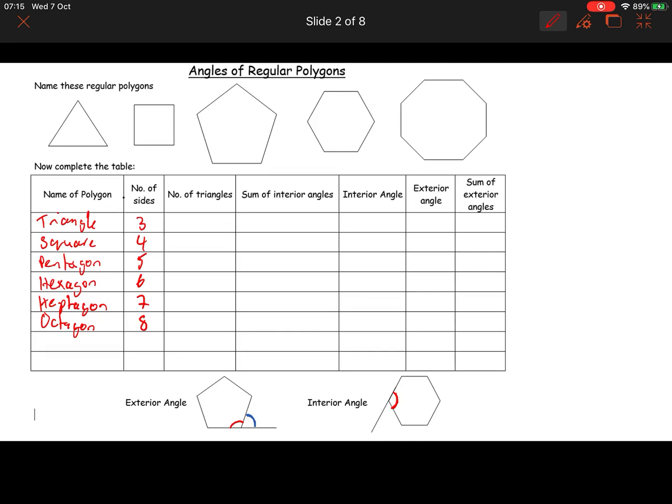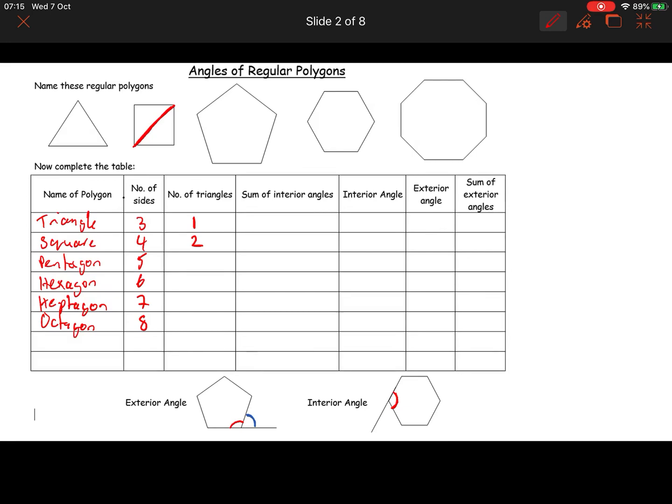Okay. Now, what we can do to try and make this easier is to try and split all of these shapes into triangles. Now a triangle is just a triangle, so a triangle represents one triangle. A square we can split into two triangles.